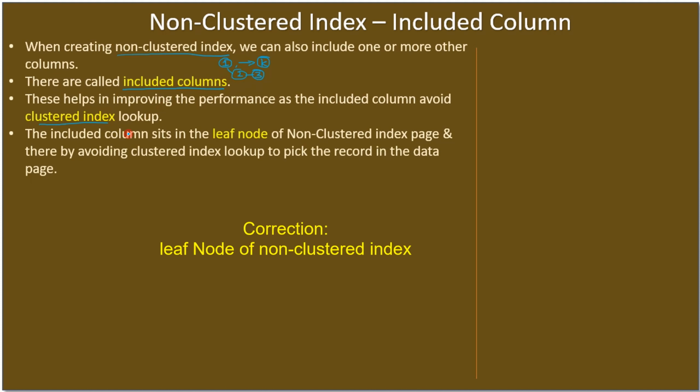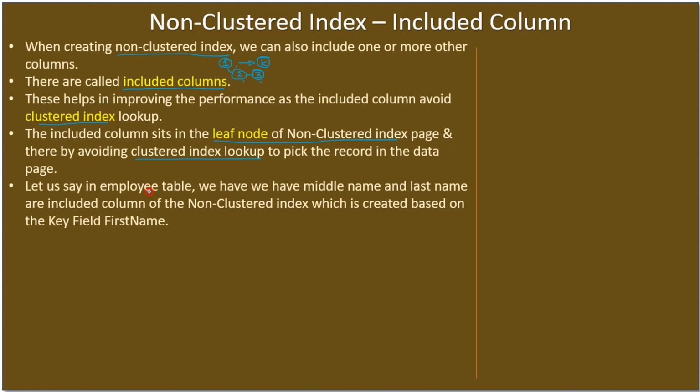The included column sits in the leaf node of the non-clustered index, and thereby avoids clustered index lookup. Since these columns are available in the leaf node of the non-clustered index itself, there is no need to go for a clustered index tree traversal.